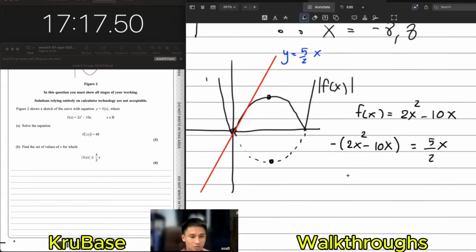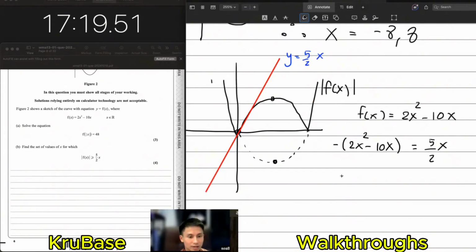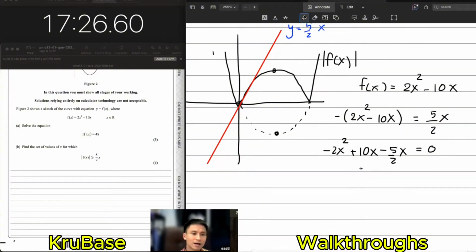I'm going to get minus 2x squared plus 10x minus 5 over 2x equals 0. Simplifying by multiplying all out by minus 2, I get 4x squared, then minus 20x. Minus 2 times that, I get a plus 10x equals 0.